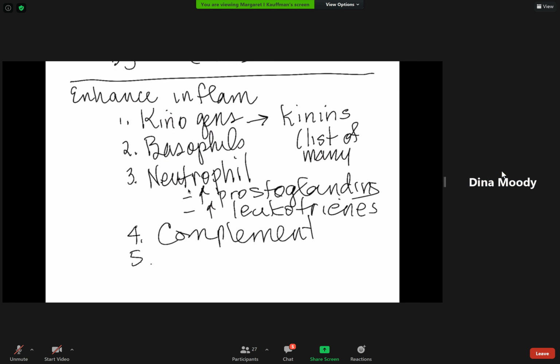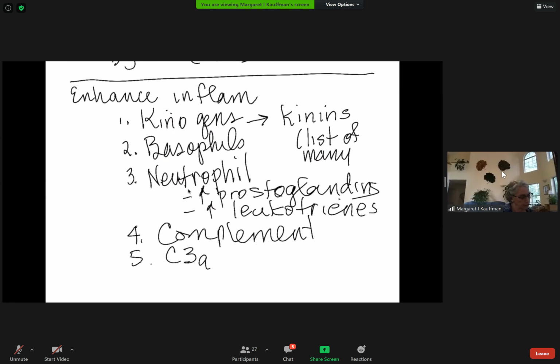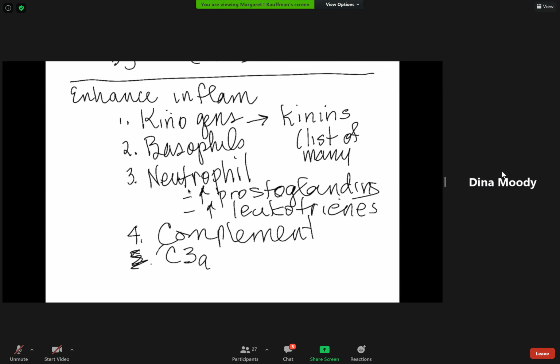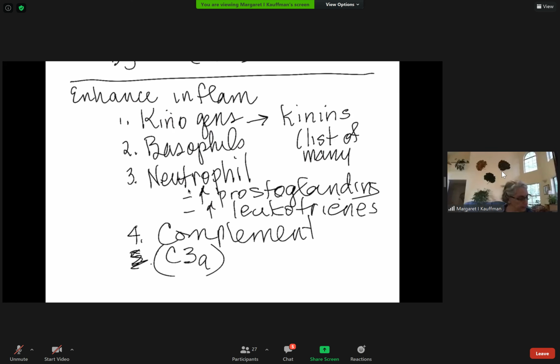C3a enhances inflammation by inducing more histamine release from the mast cells and basophils. So if you look at your table, C3a is a complement, so maybe I shouldn't put it under there. This is a complement. We'll come back to that one later.